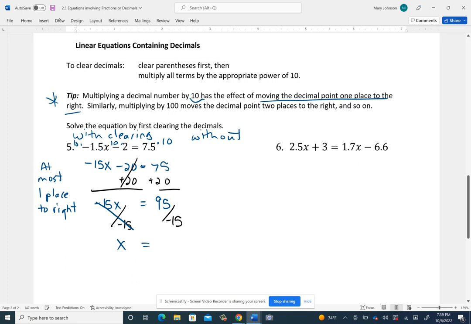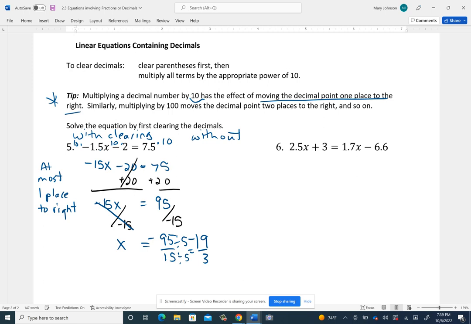Then I have to do 95 divided by 15. It doesn't go in there evenly, and I'm going to get a negative number. If I divide by 5 on both, I get a 3 on the bottom, and 5 goes into 95 19 times. So I'm going to wind up with negative 19 thirds when I'm finished.